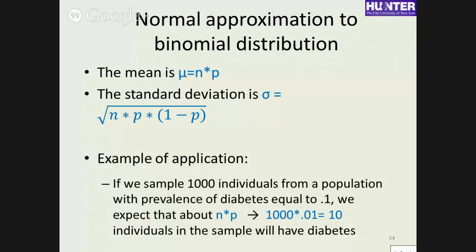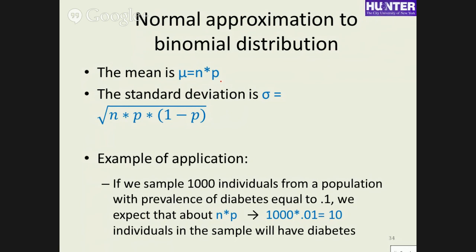So you noticed how the binomial distribution looks very similar to the normal distribution. All you need to know is that the mean of that normal distribution is n times p. This makes sense, right? You know why the mean is n times p? So let's take the example of 100 people, 10% probability of diabetes.